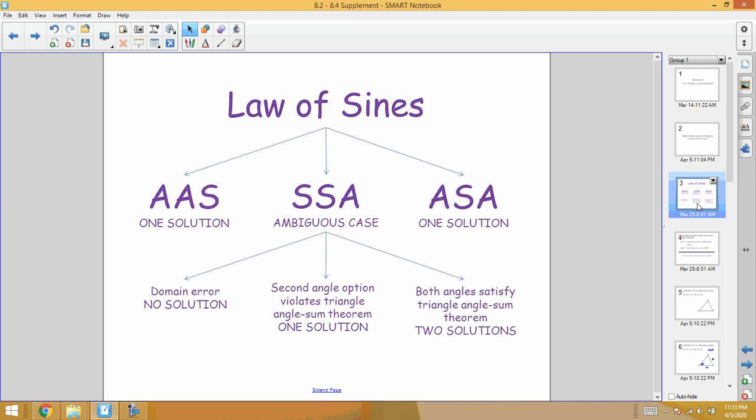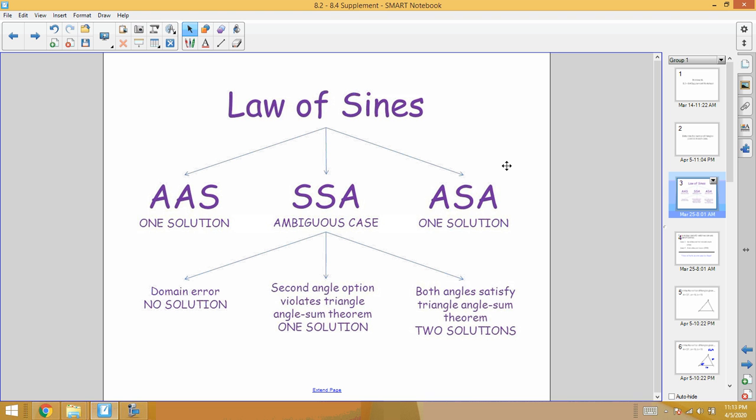To help you get started with this, let me remind you of the flowcharts that we had for the law of sines and the law of cosines, and in particular the ambiguous case. So two of the possibilities where we use law of sines are an AAS situation or an ASA situation. So that's when you have two angles and a side.